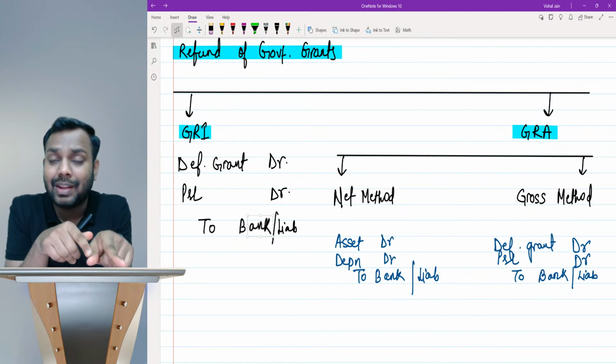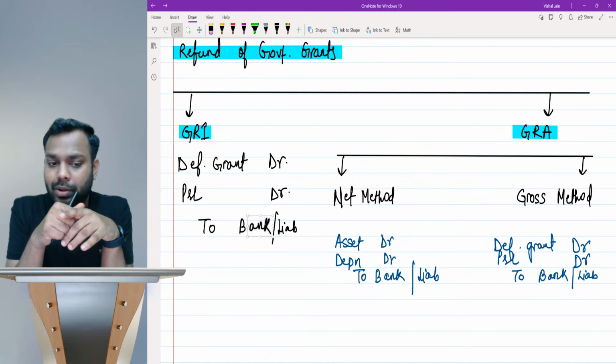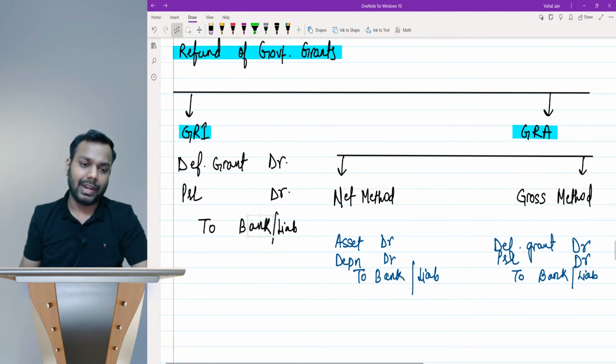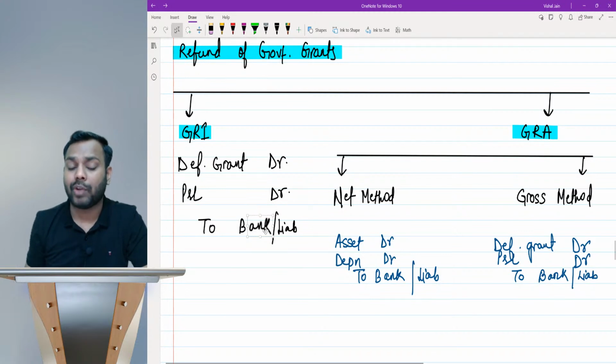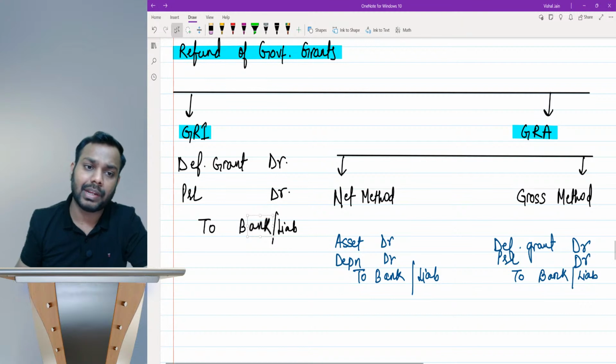Then the differential 1,000 will be taken from the P&L account. So the entry will become deferred grant account debit 5,000, P&L 1,000, to bank or to liability 6,000. That's all. Is that clear, everyone? The repayment of grant related to income is clear, I believe.